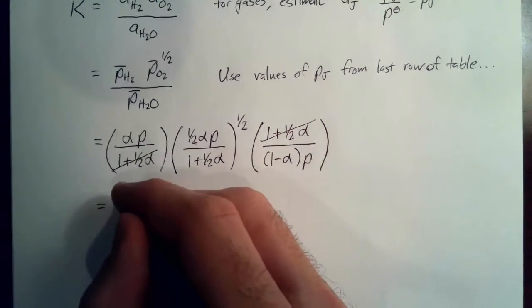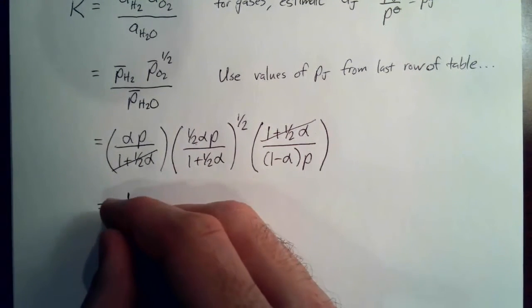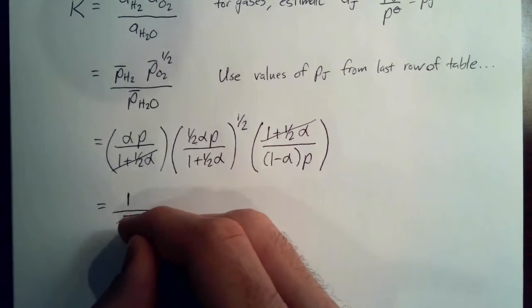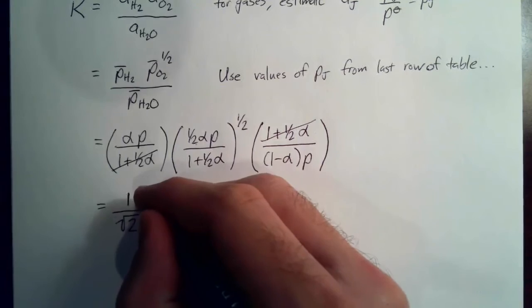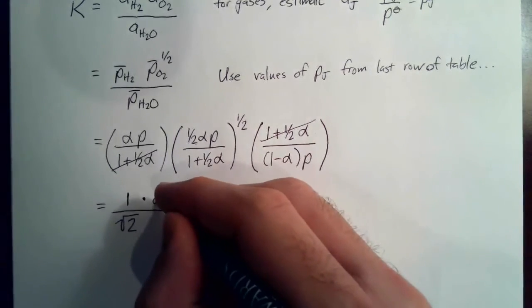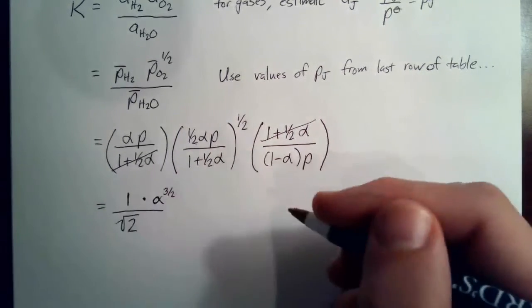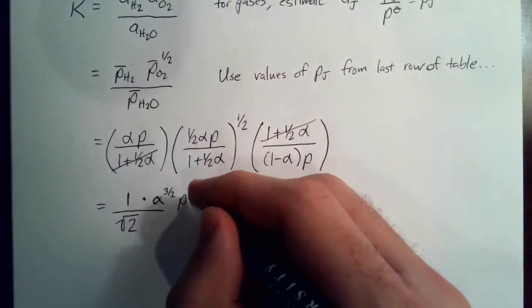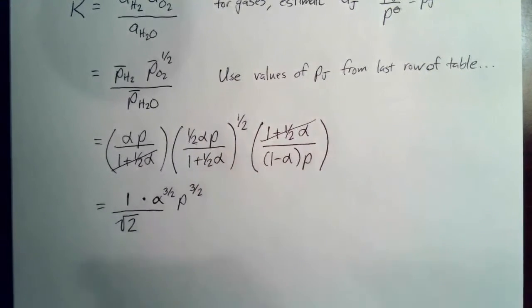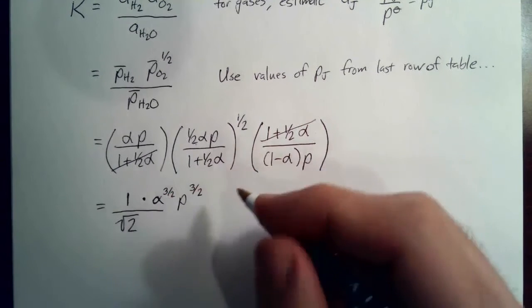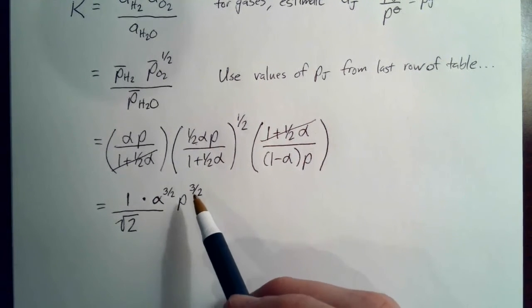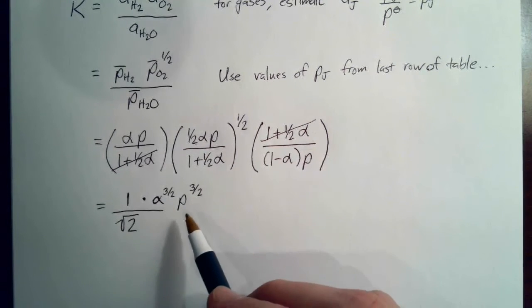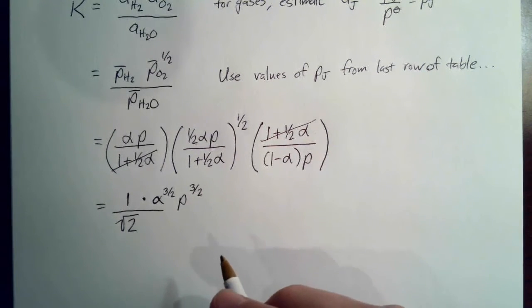So I'm going to put the root 2 in the denominator, 1 over root 2, times alpha to the 3/2 p to the 3/2, where p is the pressure in our problem, which was stated in the beginning to be 1 bar. So we'll make use of that in just a minute.